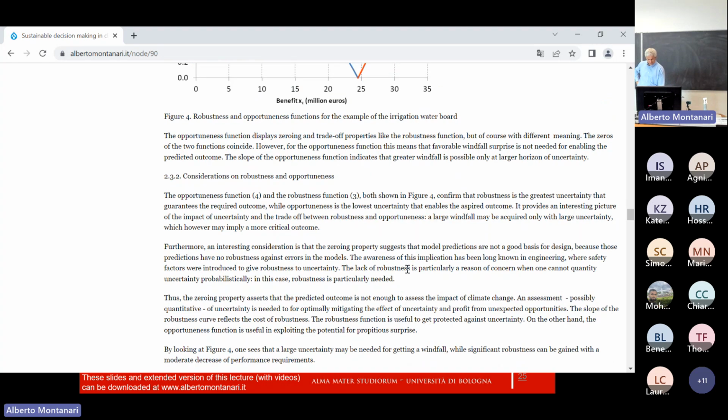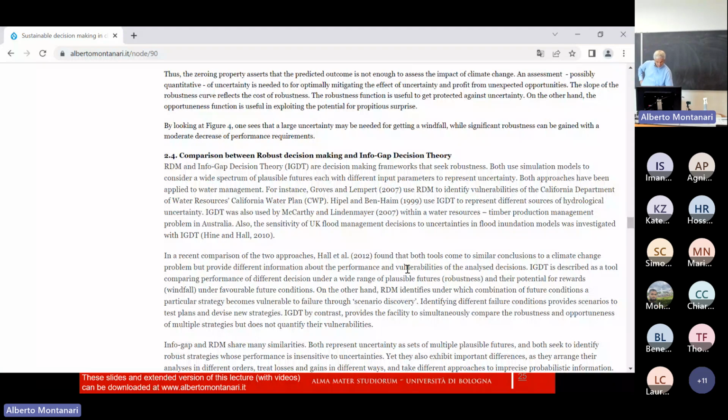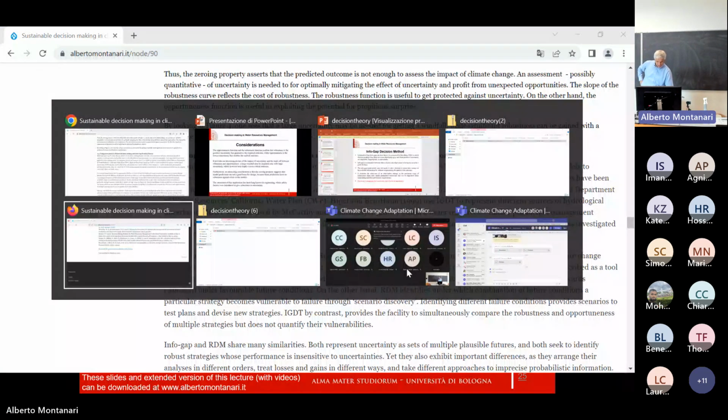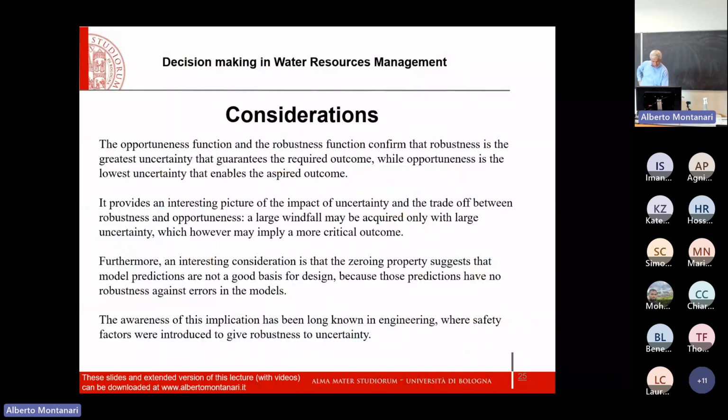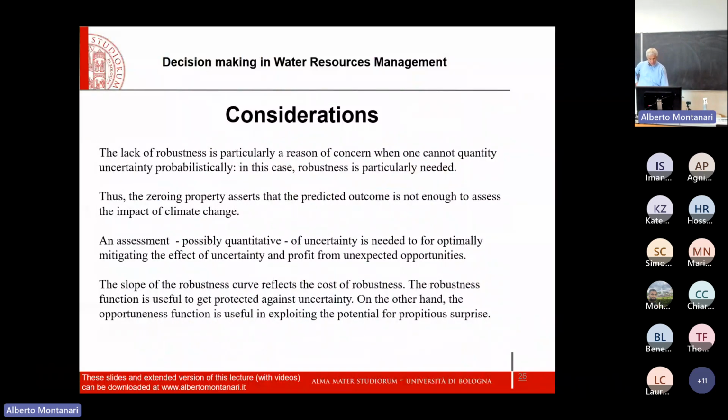Okay, now let me go back to the PowerPoint. As I said, these considerations are already done, so we can skip these two slides. Just keep in mind the zeroing property, which I mentioned in the web pages. It's explained in detail. And there is also the nesting property.